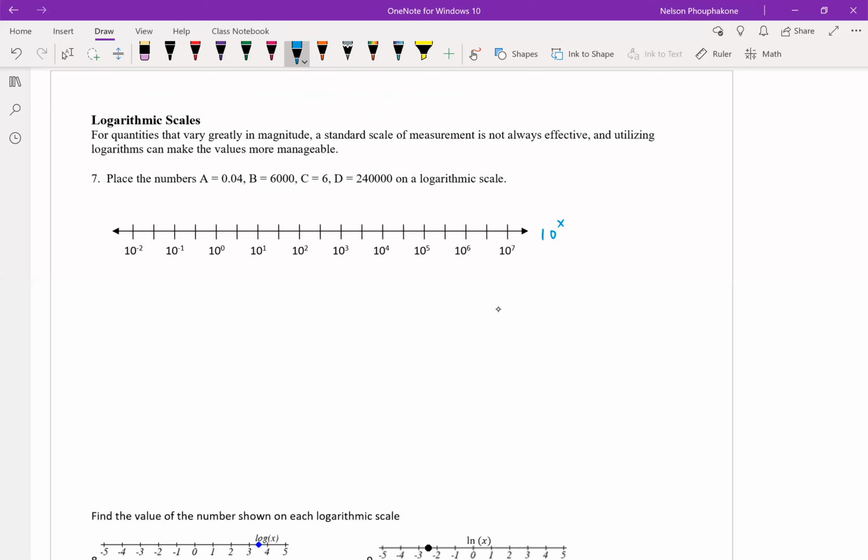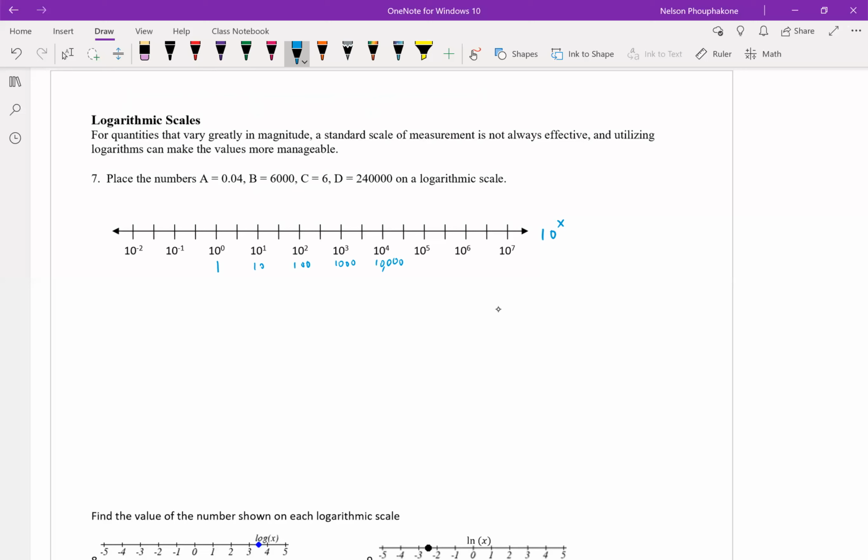The pattern is that we change the power from negative 2, negative 1, 0, 1, 2, 3. We know that 10 to the power of 0 is 1. Of course, this is 10, this is 100, this is 1,000, this is 10,000, right? 10 to the 4th.